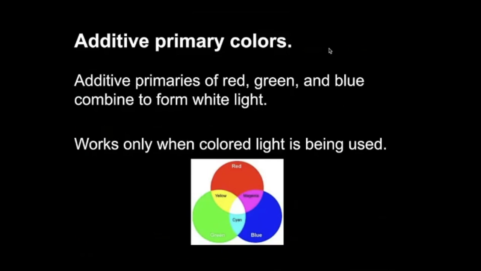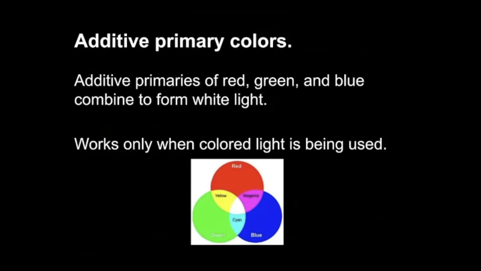And so I mentioned that red, green, and blue are our additive primary colors. And again, if you think back to art class, even when you were a little kid, you were told that the primary colors were yellow, blue, and red. And those are what we call subtractive primaries, and we'll talk about those in a second. But additive primary colors, red, green, and blue, are the colors that our eyeballs are sensitive to.